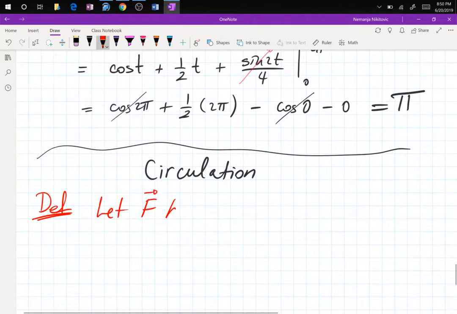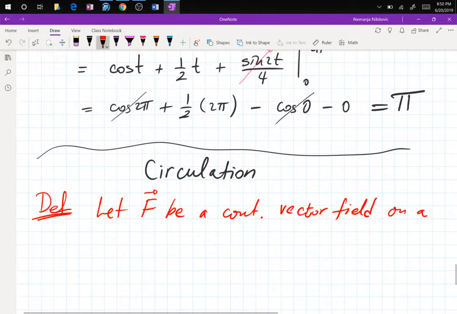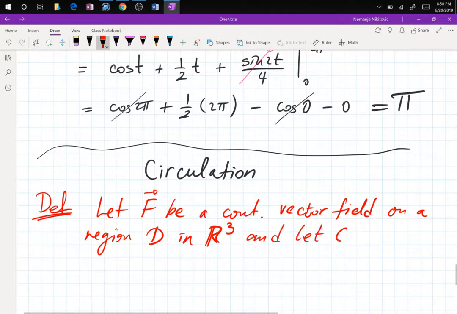Let F be a continuous vector field on a region D in R3. Oh, we have to be in the three-dimensional space now. And let C be a closed, smooth curve oriented in D also.